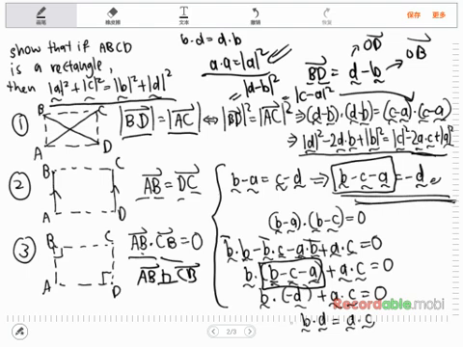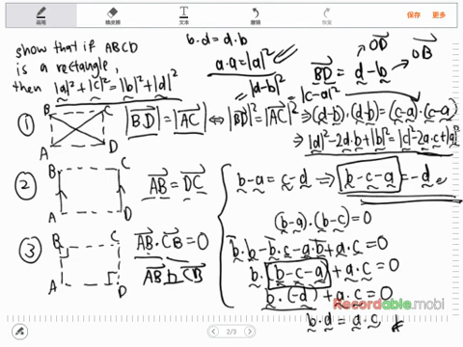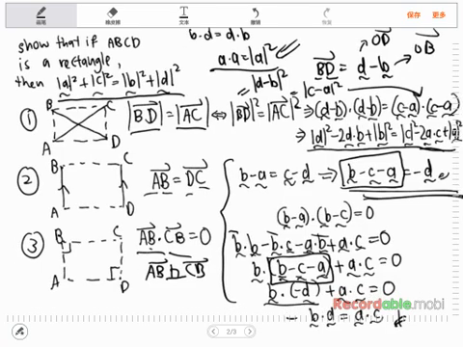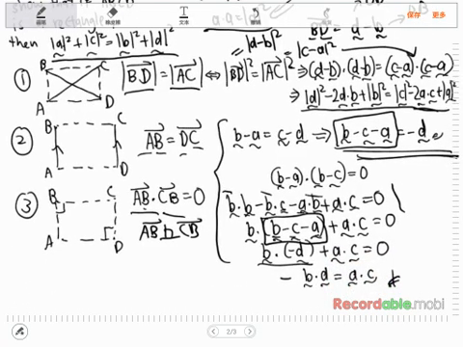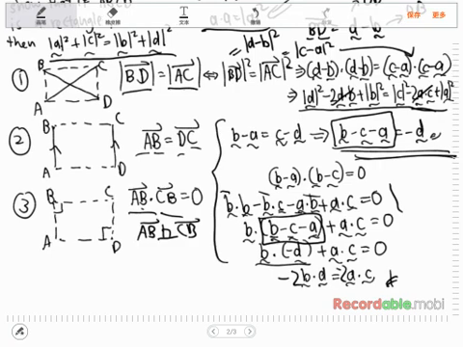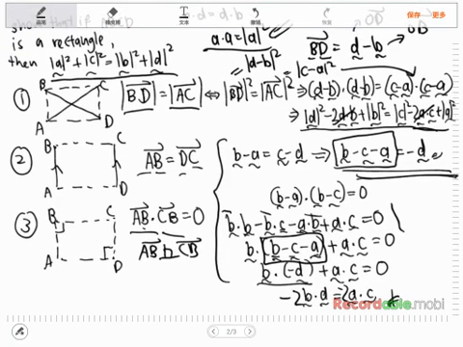And that means my minus B dot D equals plus A dot C equals 0, which means that if I move this over to the right hand side, I get B dot D equals A dot C. Then since I've proven that B dot D equals A dot C, minus 2B dot D would be equal to minus 2A dot C, right? So they will just cancel out, and then I've shown what they want me to show.